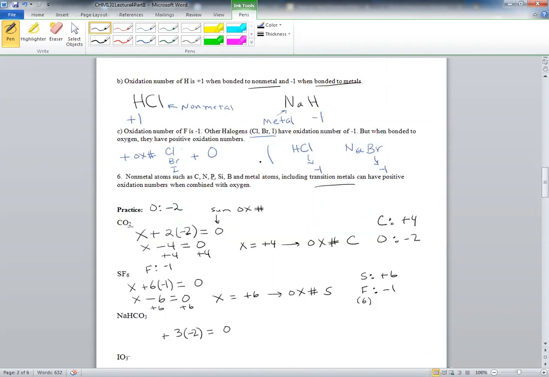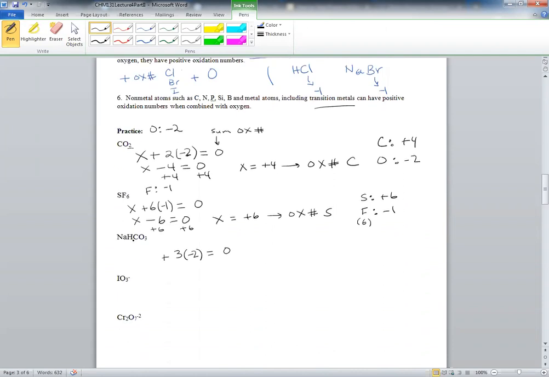In this case, C is a nonmetal. Check your periodic table. So C is unknown. We have 1 on H and of course 1 on Na. So +1, +1. This is X, and of course this is a -2, and we have 3 of them.